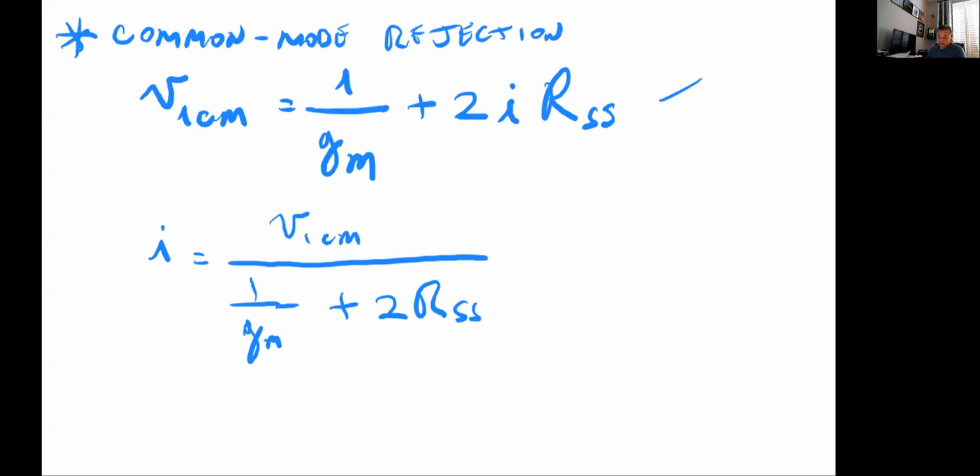But this current is also part of the drain currents. So that is the current through the drains.